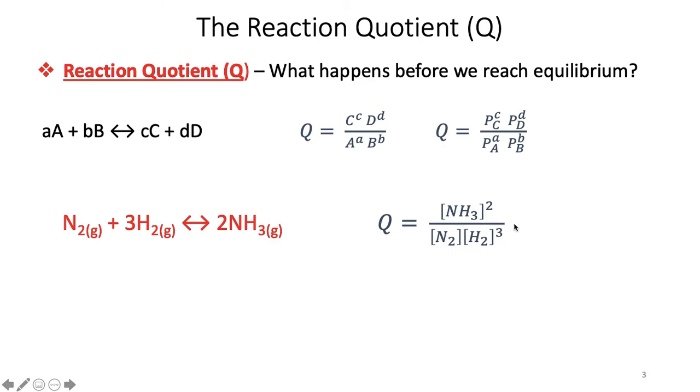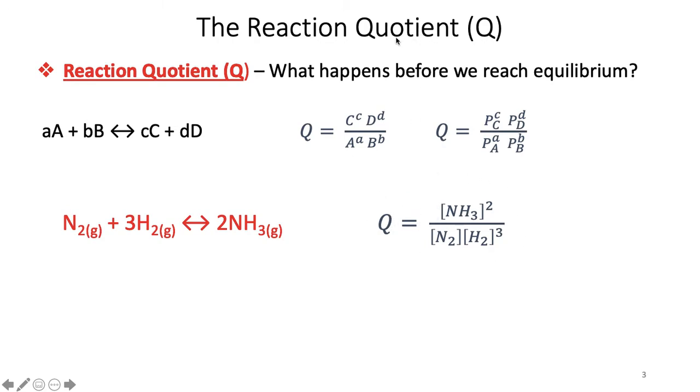This is divided by the product of my first reactant, the concentration of N2 raised to the first power, because I have 1 for the molar coefficient, multiplied by the concentration of H2 raised to the third power, because that's the molar coefficient in front of H2. This is how we write a reaction quotient.